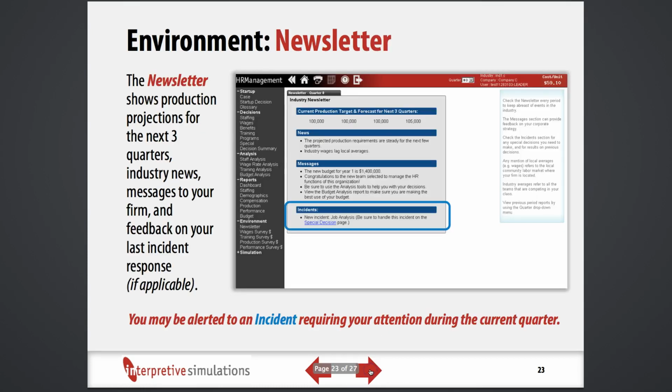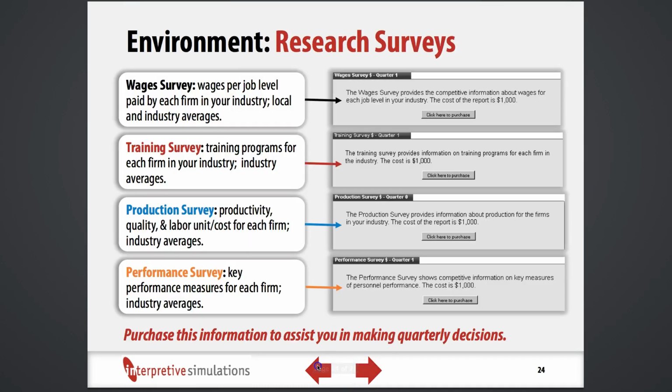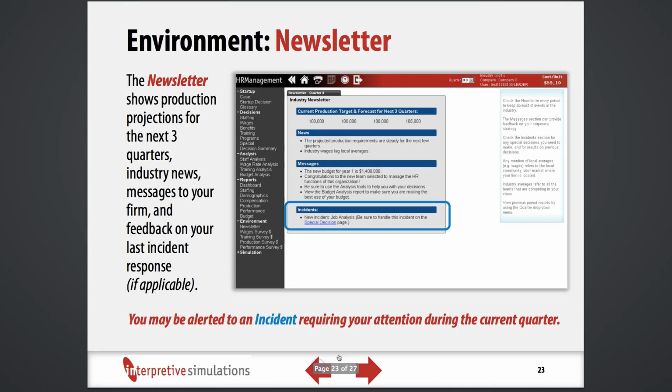So let me show you what the newsletter looks like. The newsletter shows you your projections for the next 3 quarters when it comes to the production targets, what you expect you need to make in order to meet customer demand. It gives you some industry news here.